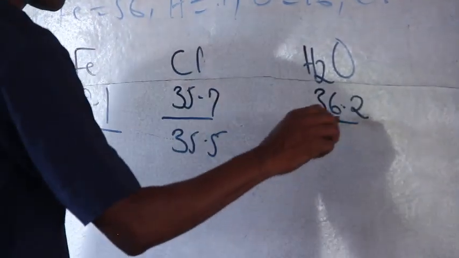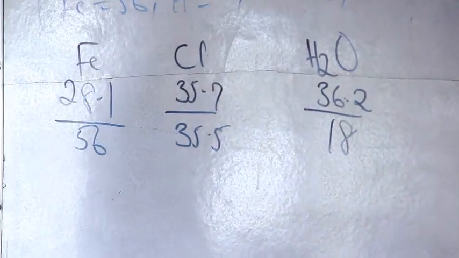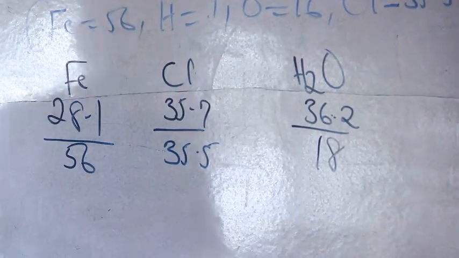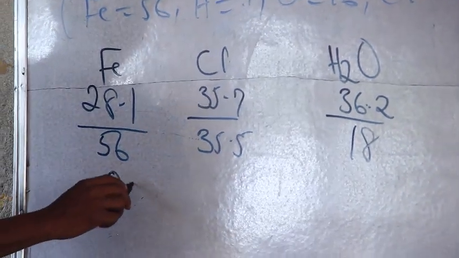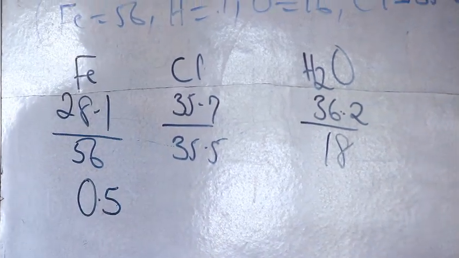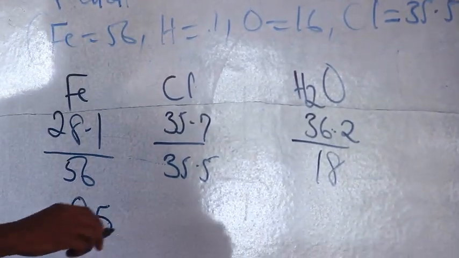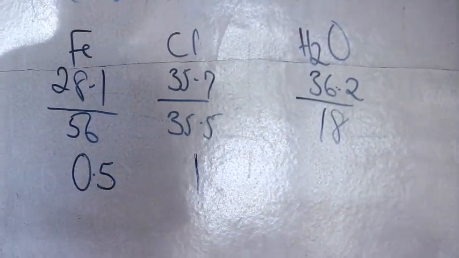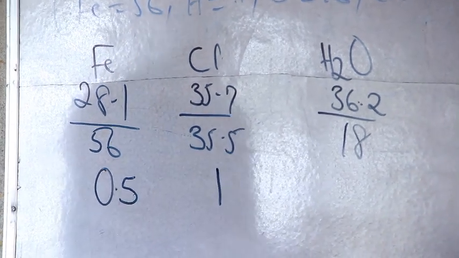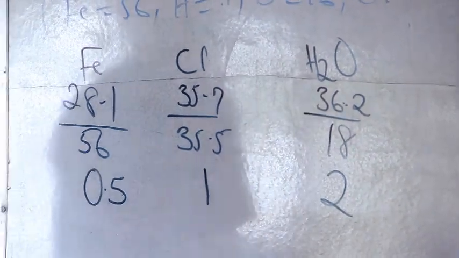So that will give us 18. Now what is 28.1 divided by 56? 0.5. What is 35.7 divided by 35.5? That is 1. Then 36.2 divided by 18? 2.